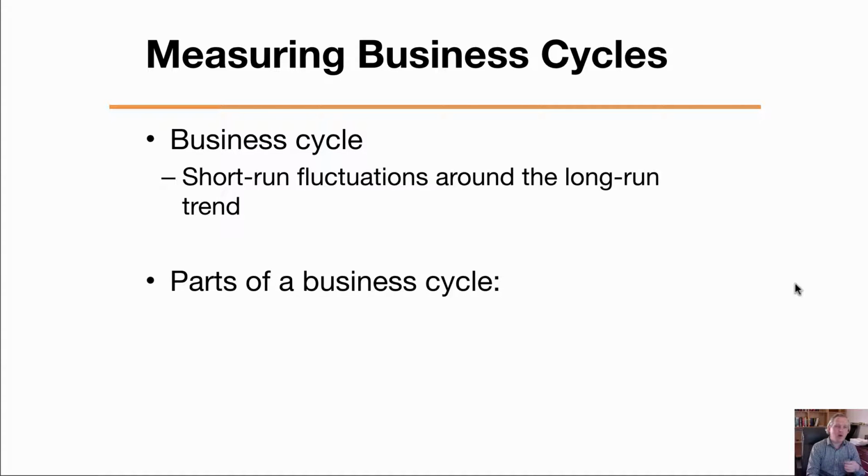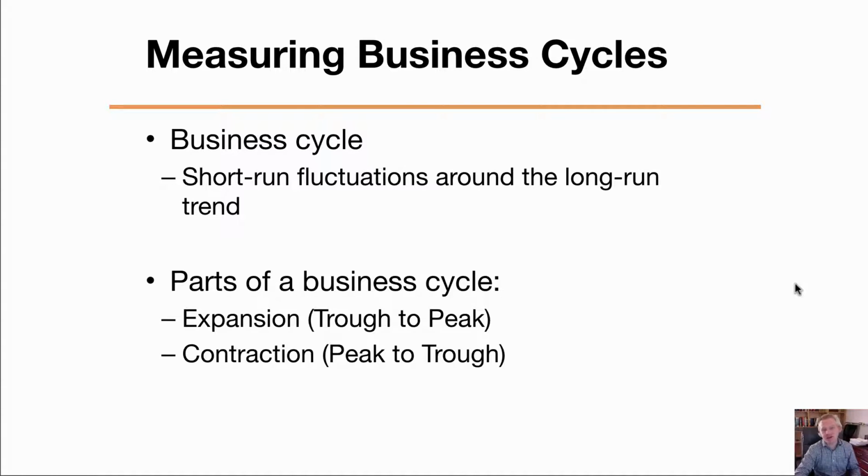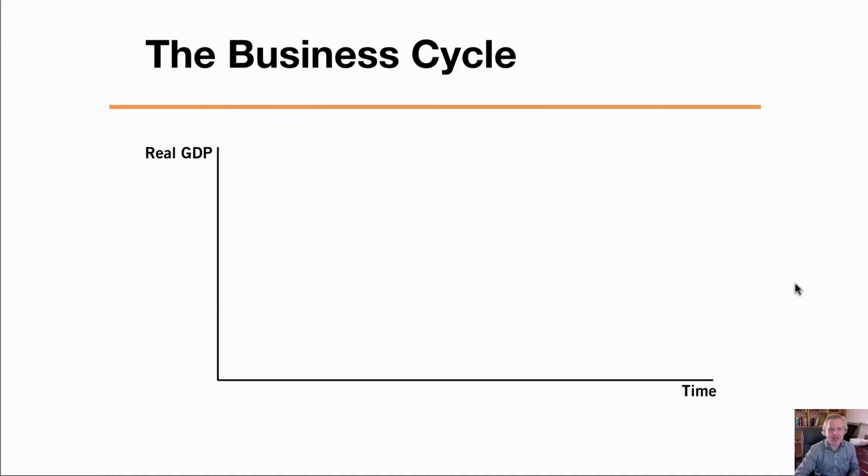And so when we talk about the business cycle, we talk about expansion, which is from the bottom of a growth rate to the top of a growth rate. And then we talk about a contraction, which is from the top of that growth rate in the economy down to the trough. And it's probably easiest to see on a sample graph. So here is what the short-run business cycle might look like.